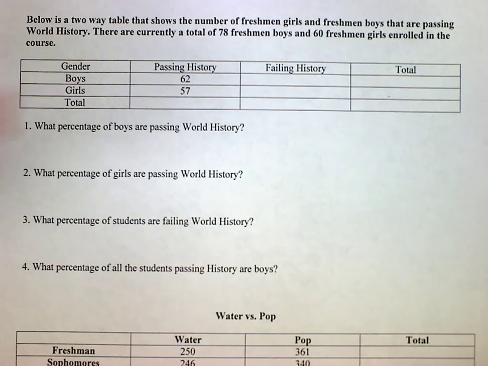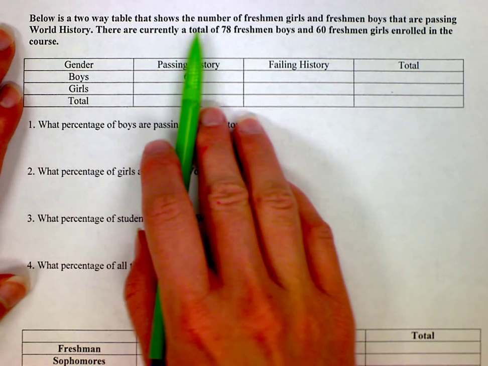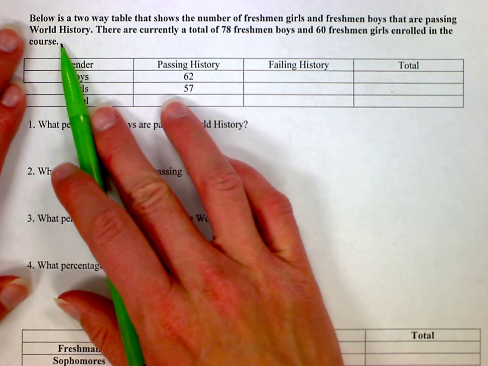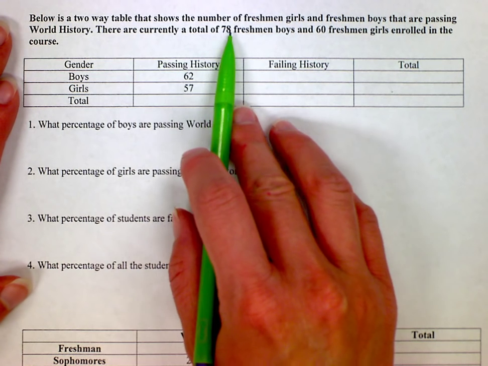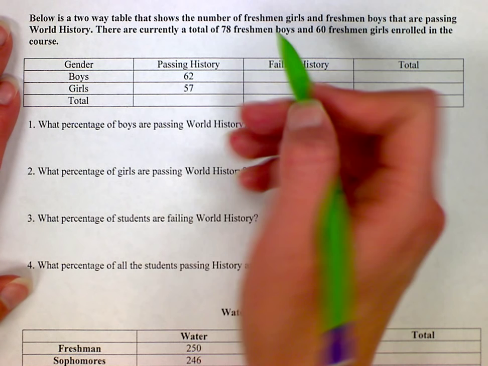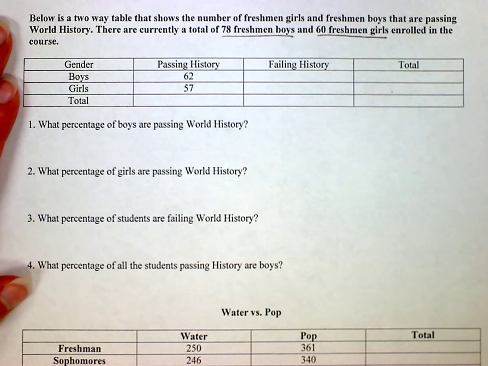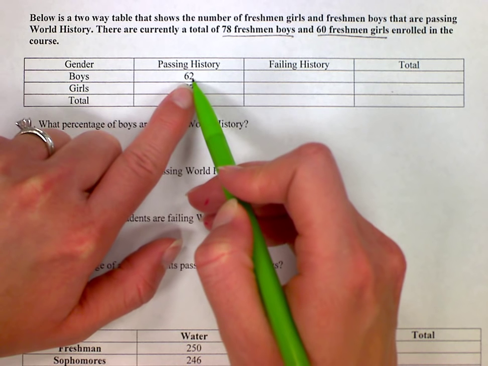Sometimes you'll have to fill in the table a little bit more. So below is a two-way table that shows the number of freshman girls and freshman boys that are passing world history. There are currently a total of 78 freshman boys and 60 freshman girls enrolled in the course. We know that of those boys, 62 are passing history.